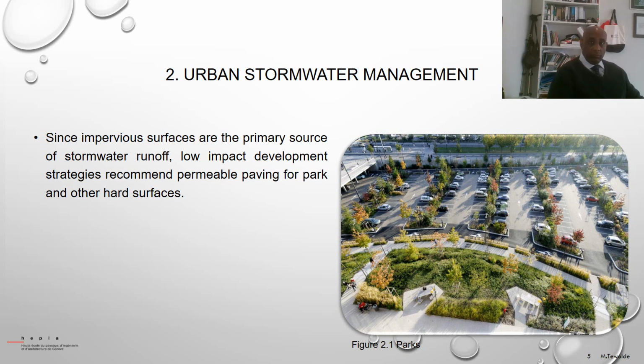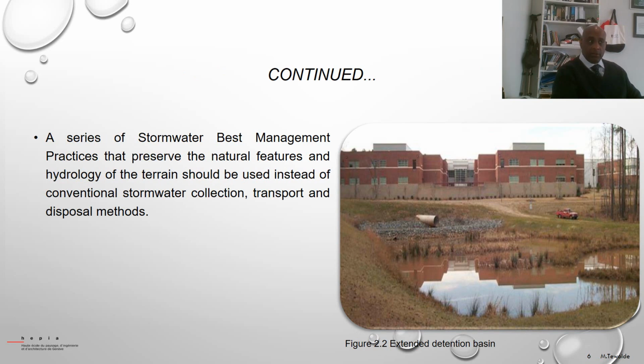So as a result, inundation will be decreased, and also other consequences. The methodologies are called low impact development strategies. These are the methodologies that we use to minimize the effect of urbanization.